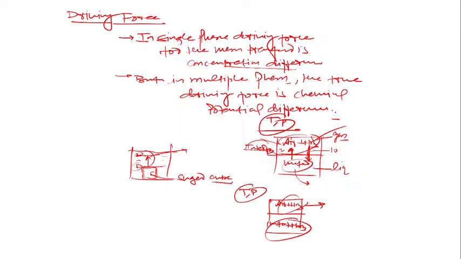In this case, let's say the concentration of ammonia in the gas phase is y_NH3, and in the liquid phase x_NH3. X for liquid phase, Y for gas phase.